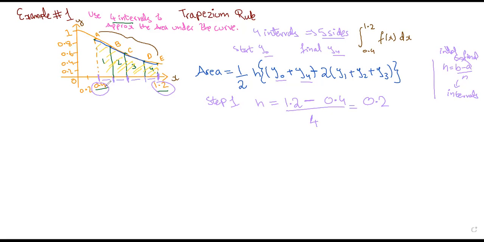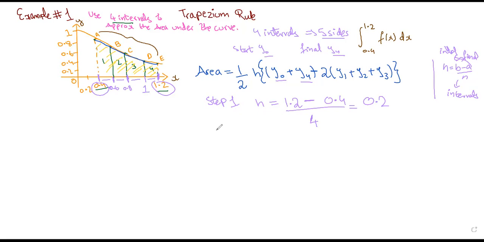So 0.4 plus 0.2 is 0.6. Do you understand how it is 0.6? Yes. This would be 0.8, and this would be 1. Very good. Now we have our values.